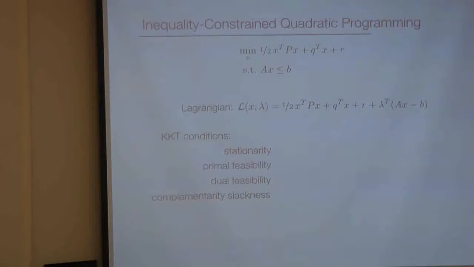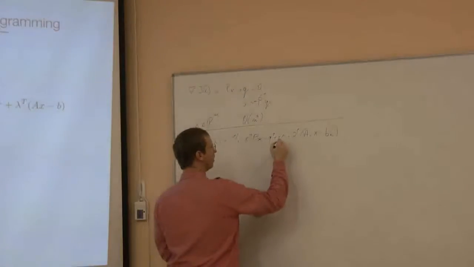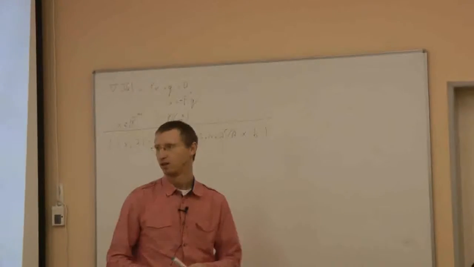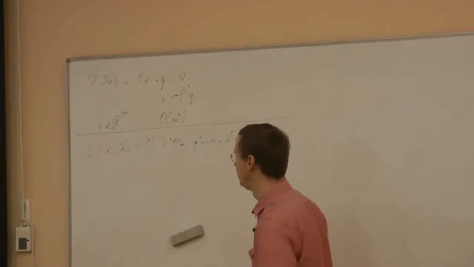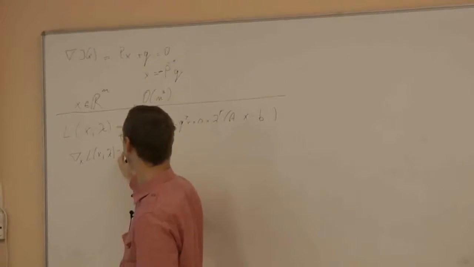Now, what were the four KKT conditions? We have the Lagrangian, and actually it's the same as we had here, just that here we have Ax minus b. So stationarity means the gradient of the Lagrangian with respect to the optimization variables must be equal to 0.